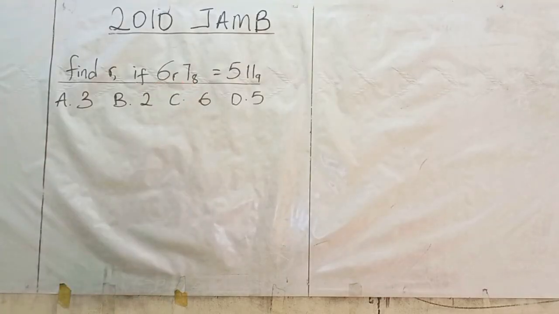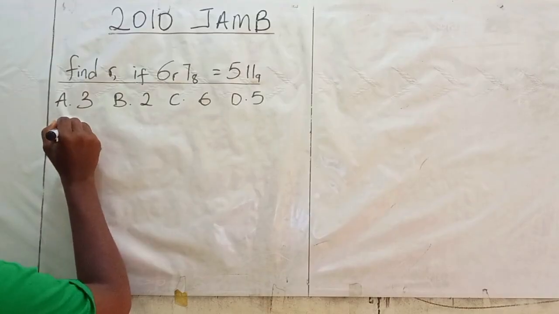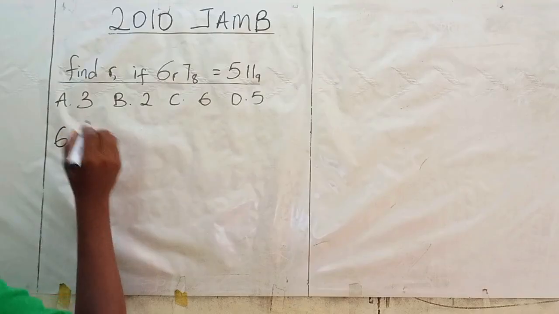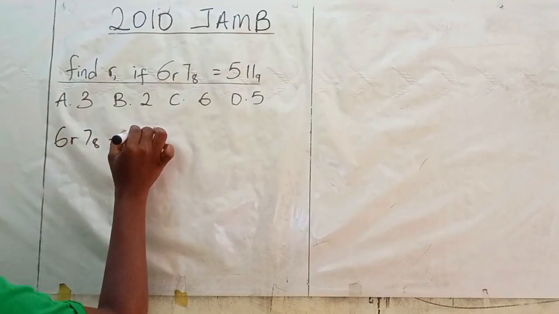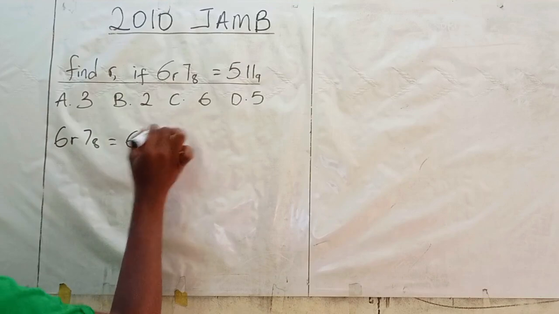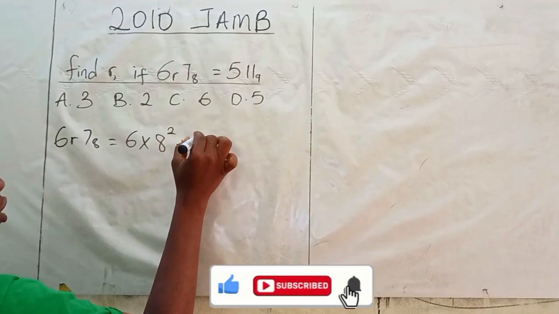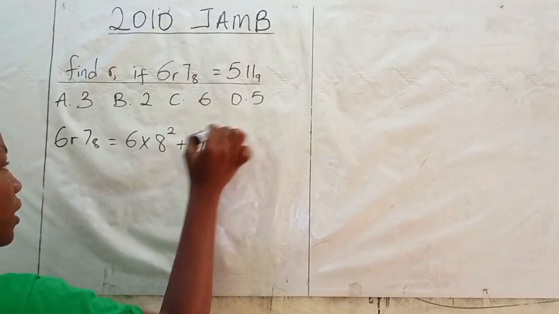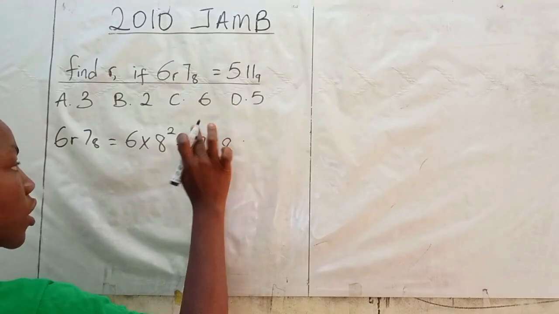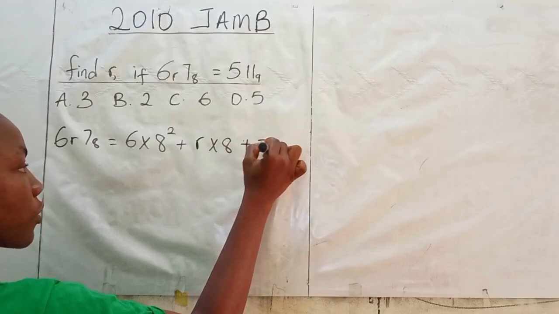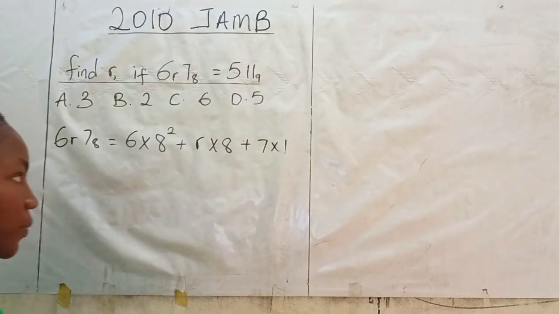Converting 6R7 in base 8 to base 10, we are going to have 6 times 8 raised to power 2, plus R times 8, plus 7 times 1.